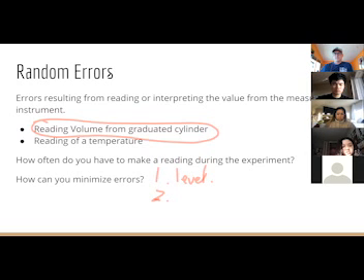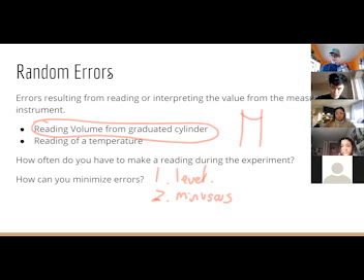Look at the meniscus, right? So be aware of the meniscus. Water likes to attach to itself. It's going to have some surface tension, so that when I look at my graduated cylinder, it's not going to be flat.